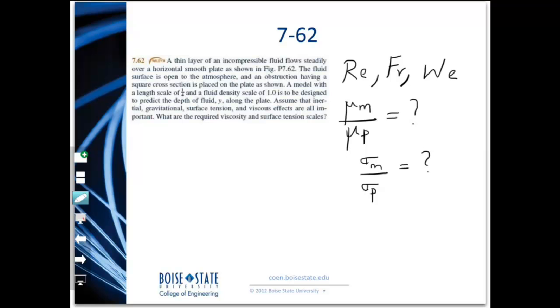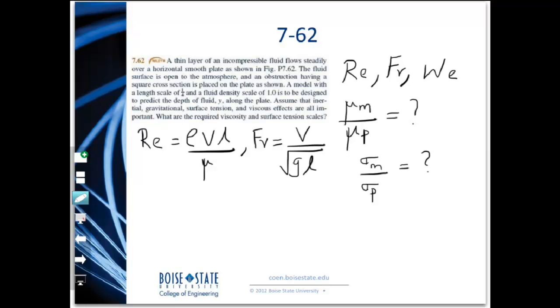Okay, so let's go ahead and write the general definitions. Reynolds number will be rho V L over mu. Froude number will be V over square root of g L, and Weber number would be rho V squared L over sigma, the surface tension.